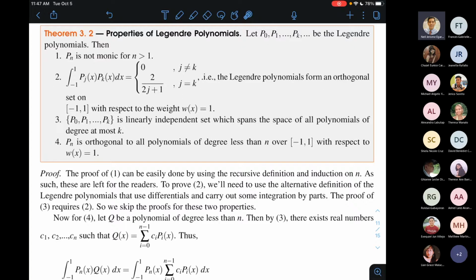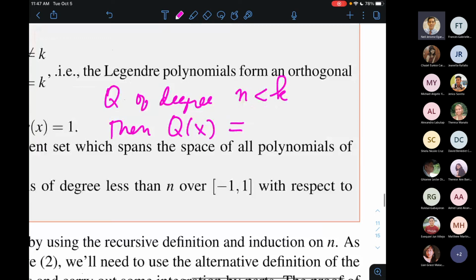So if I give you a polynomial q of degree, say, n less than k, then q can be written as a linear combination of the Legendre polynomials.